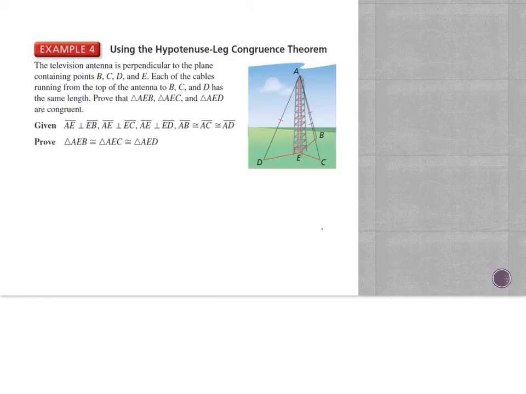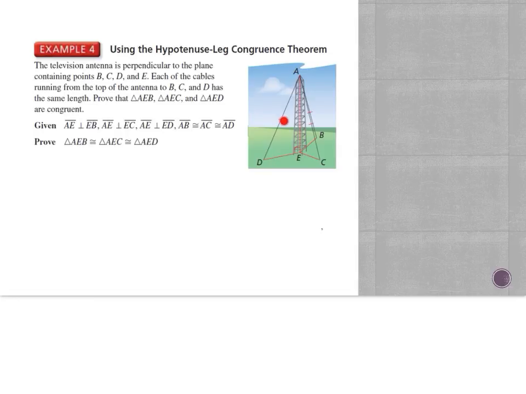All right, here we have a final example using the hypotenuse leg congruence theorem. Real world example, we have a television antenna that's perpendicular to the plane containing points B, C, D, and E. Notice here at the base of the antenna is the plane that contains B, C, D, and E. Each of the cables running from the top of the antenna to B, to C, and to D are the same length.